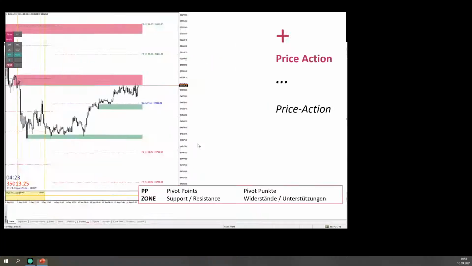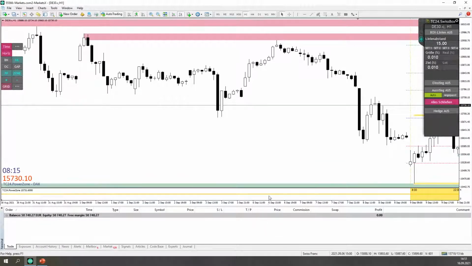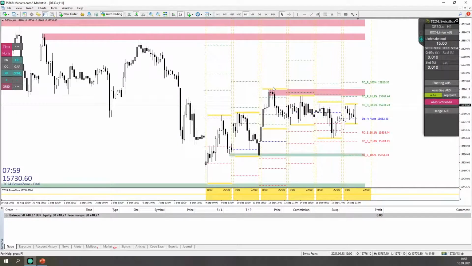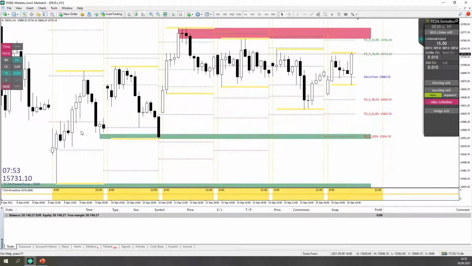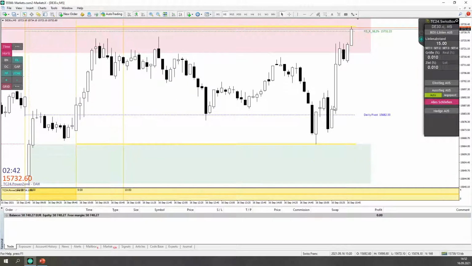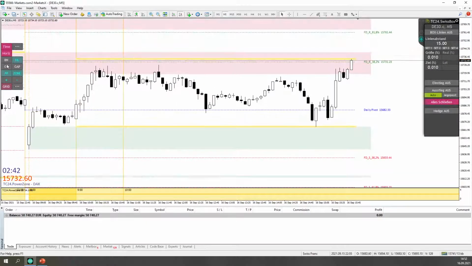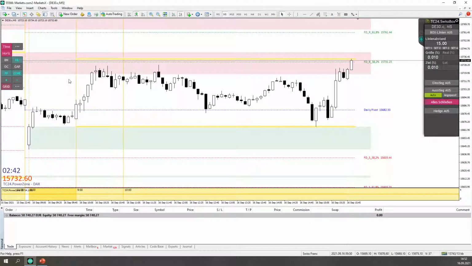One thing that's very important that I would like to show you is that you have a plus and a minus sign here on the user interface, and you can use this to make the contrast for the zones much stronger, or make them even brighter if you just need them in the back, like a watermark, so that you still see them, but they're not covering your chart or anything else that you're doing. Of course, you can totally switch them off, or you can simply switch the zones only off.